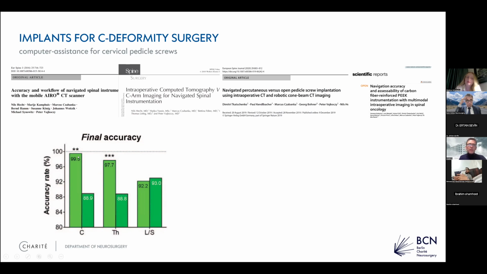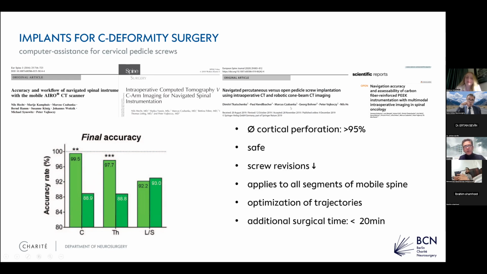And you can improve this accuracy if you increase the quality of your intraoperative imaging. This is with a 3D fluoro, 90%, and this is with an intraoperative CT. So if you have the intraoperative CT, you can place the perfect pedicle screws with a 95% accuracy.